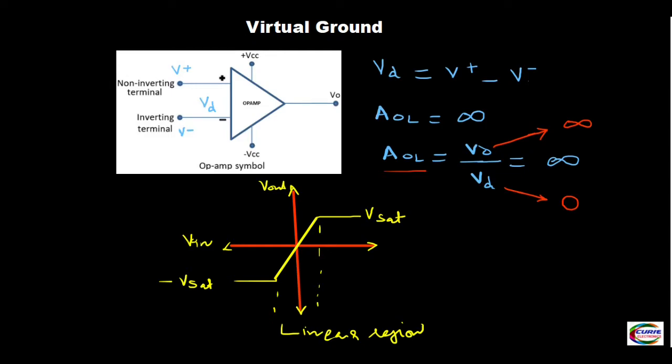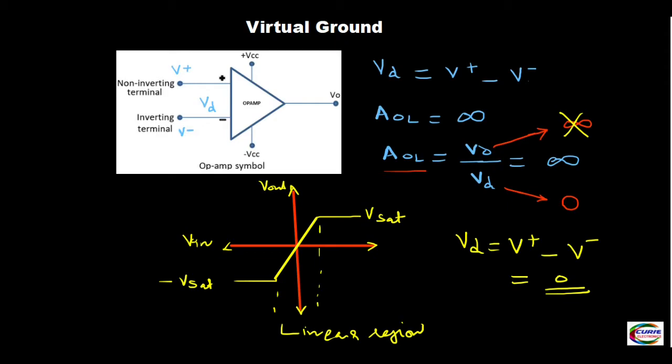So it is not possible for the output of an op amp to be infinite. Then the only possibility is that our differential voltage, that is V plus minus V minus, could be 0. That is the only possibility which can make the open loop gain of an op amp infinite.